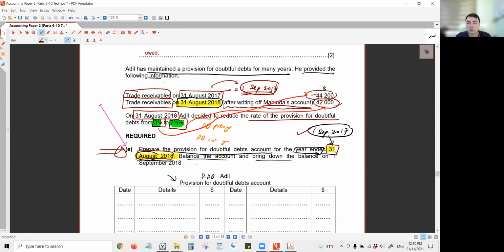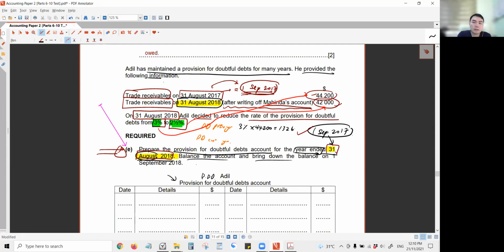Okay, let's do it. 3% times 44,200. Then you will get the previous year's year-end doubtful debt: 1326.